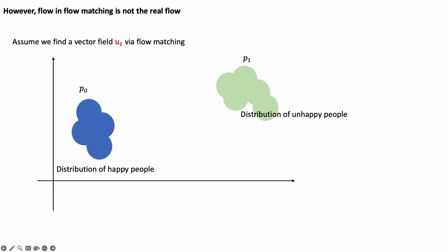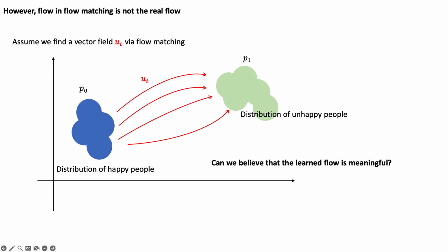So you performed flow matching on these two distributions, and you get the flow like this. But can we believe that this learned flow has any meaningful message? For instance, if you consider the intermediate step, does it give us any information? This is the question. But actually, I think no.